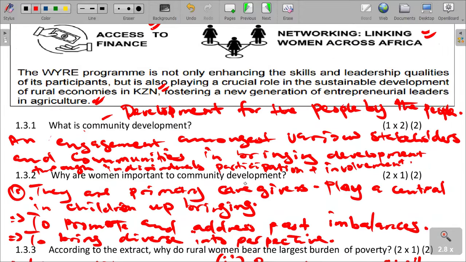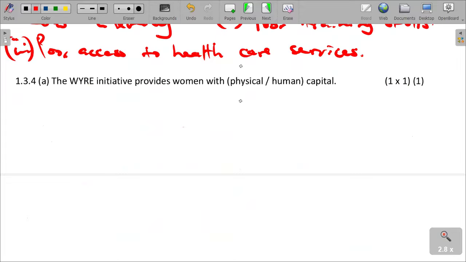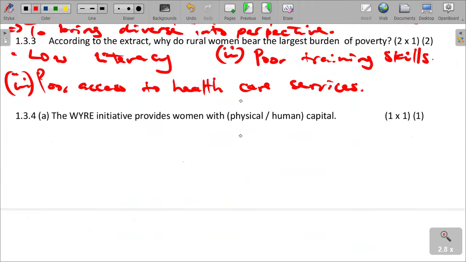So the question is saying, it actually provides people with initiatives with human capital. We are talking about the empowerment of women in terms of development.